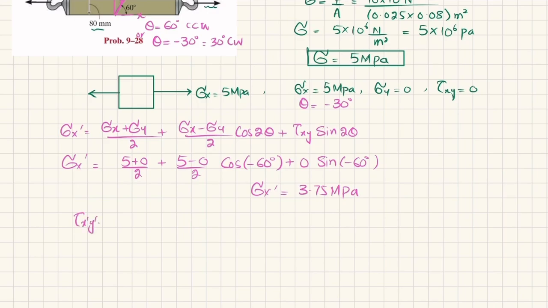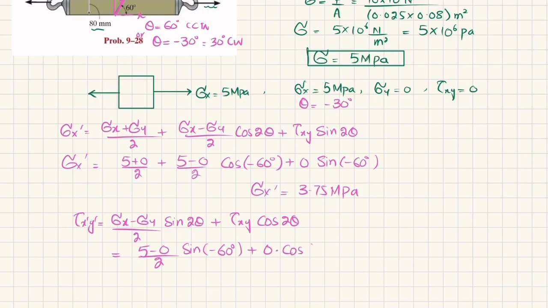Now we'll find the shear stress that will be parallel to the weld, and that shear stress tau of x dash y dash will be equal to (sigma x minus sigma y) divided by 2 into sine of 2 theta plus tau of xy into cos of 2 theta. So put the value: (5 minus 0) divided by 2 into sine of minus 60 degree plus tau of xy, which is again 0, into cos of minus 60 degree.